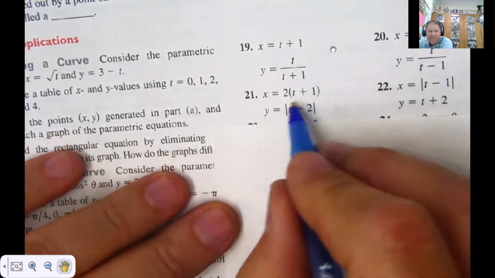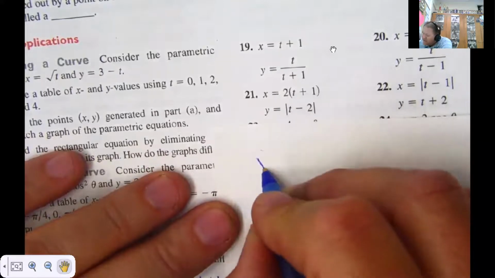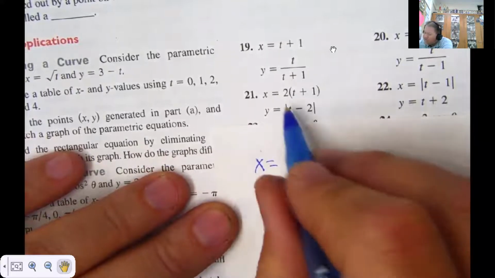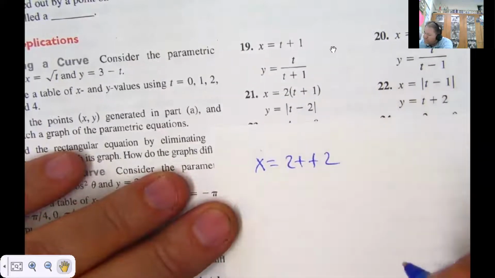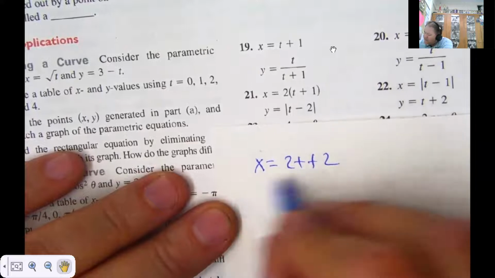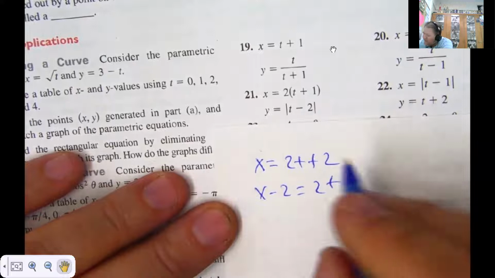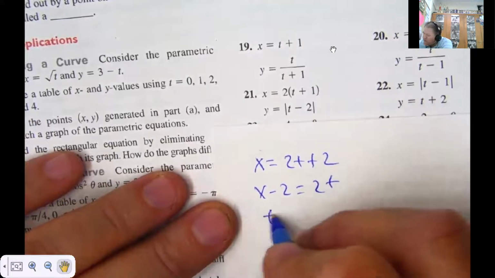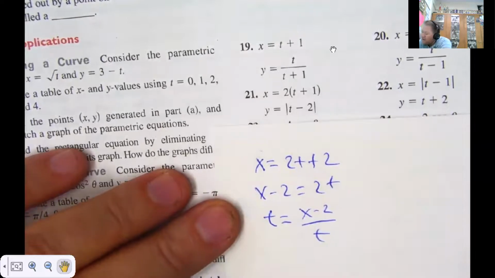So 21, again, I have to make this say t equals and then substitute back in for t. This would be x equals, let's go ahead and distribute the 2. And this would be 2t plus 2. And then subtract the 2 from both sides. It's x minus 2 equals 2t. And then divide both sides by 2. And you get t equals x minus 2 divided by 2.